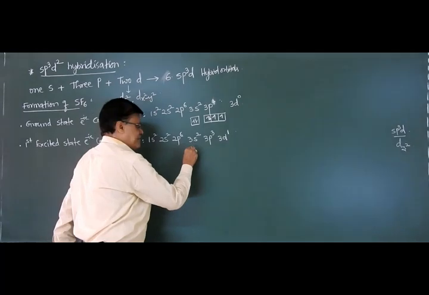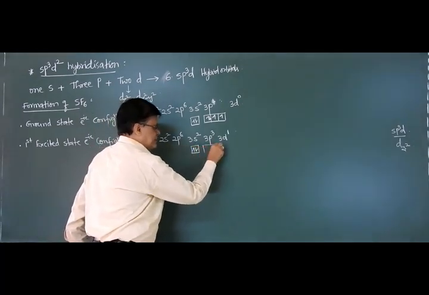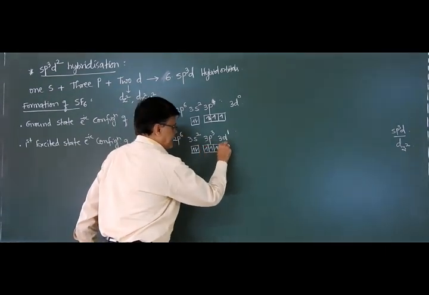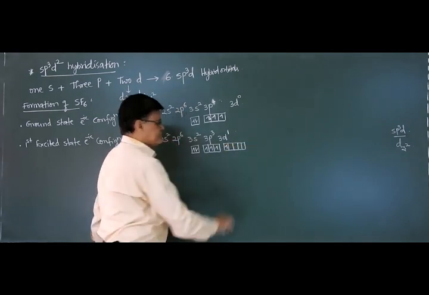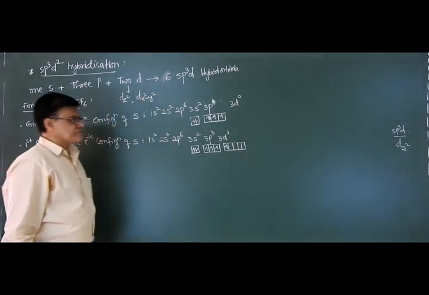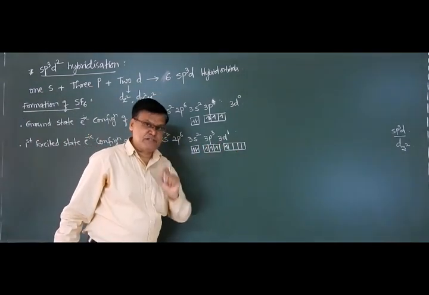Right? 3s having 2 electrons, 3p having 3 electrons, 3d having 1 electron. Only 1 d orbital is occupied here.